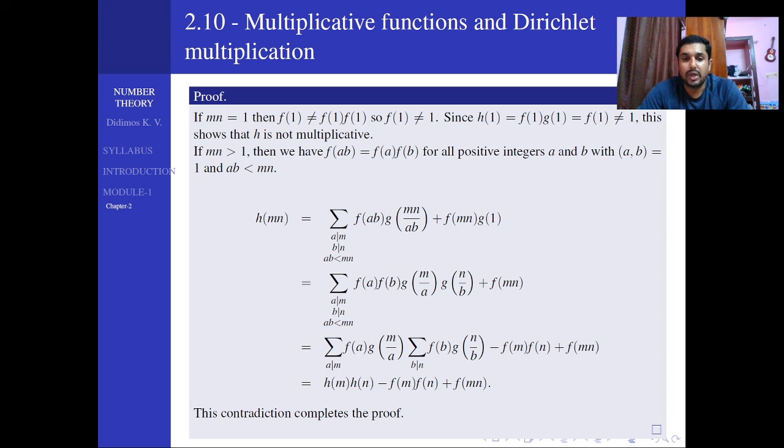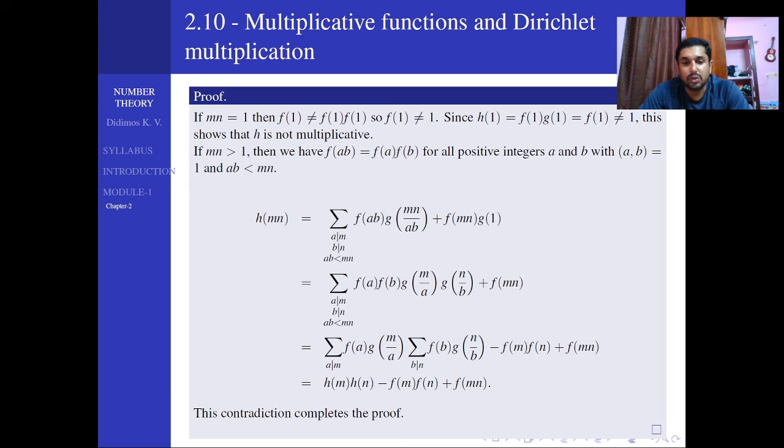So from the induction hypothesis, we can split this f, and from the assumption of the theorem itself, g is multiplicative. So we can distribute the first sum in this manner: sigma a divides m, b divides n, product less than mn, f of a, f of b, g of m by a, g of n by b, plus f of mn.